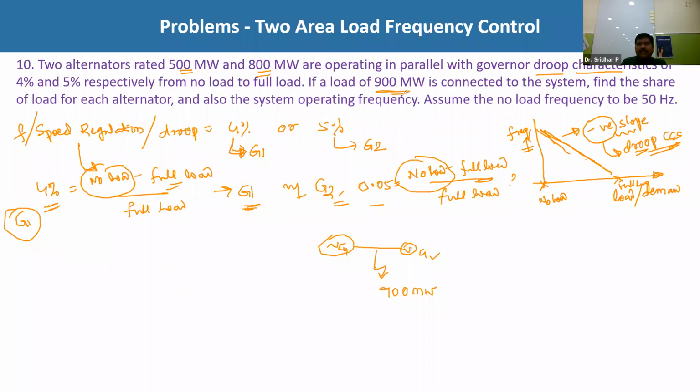And what about this 900 megawatt? This 900 megawatts is neither no load nor full load. But it is asking us to find out how this 900 megawatt load is shared between two alternators rated 500 megawatt and 800 megawatt. Not only this, for this 900 megawatt load, at what frequency will the system operate?